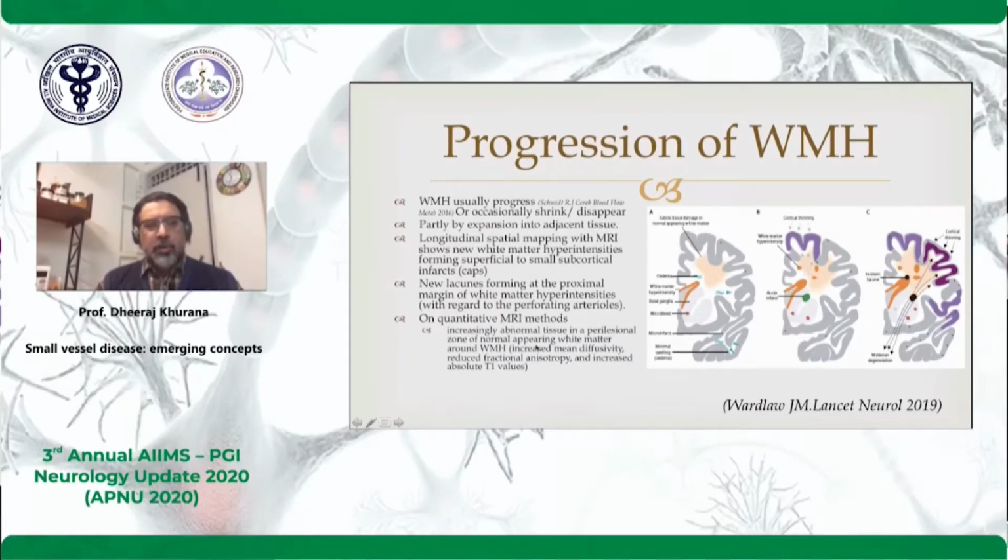MRI has shown changes on DTI, looking at diffusivity and fractional anisotropy, and clearly showing that the fibers, the white matter tracts which are distal to the arteriolar lesion, the lacunar lesion or the small vessel, show changes and degeneration, the Wallerian degeneration. So this is explained by the mechanism which I explained in the previous slide, with disruption of the blood-brain barrier.